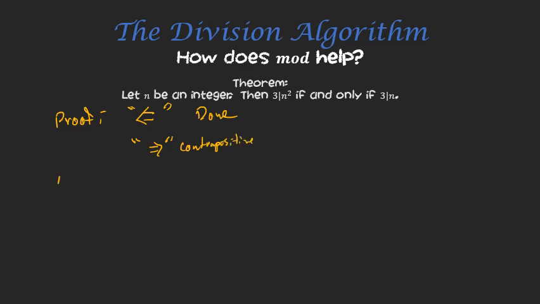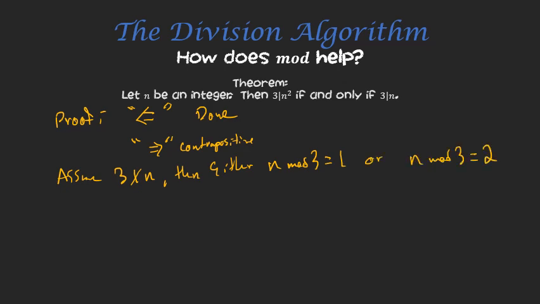And so we'll assume 3 does not divide n, then either n mod 3 equals 1, or n mod 3 equals 2, right? The idea here is that we've ruled out the case that n mod 3 is equal to 0 because we know 3 does not divide n. And that's what it means to divide n, is for the remainder to be 0. So we're just left with these two cases.